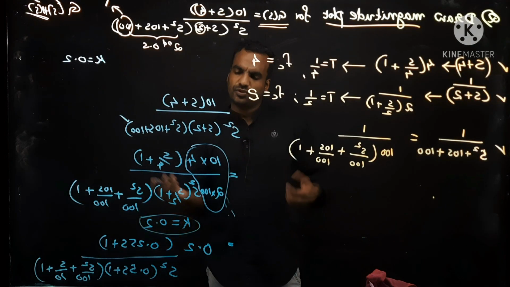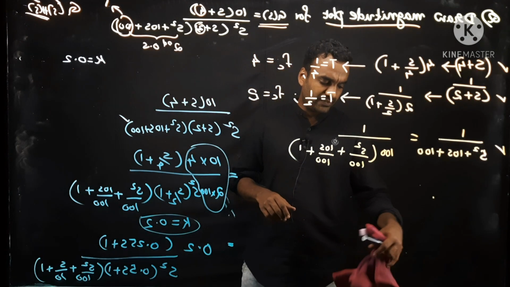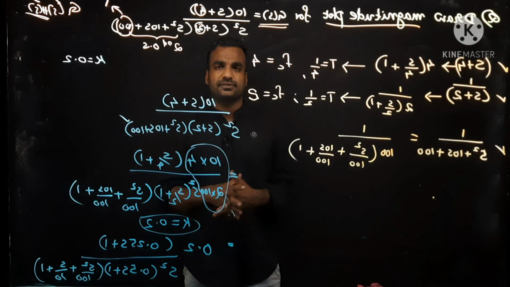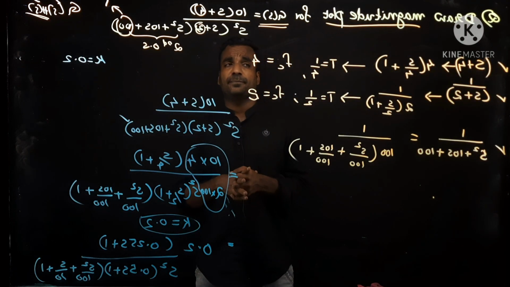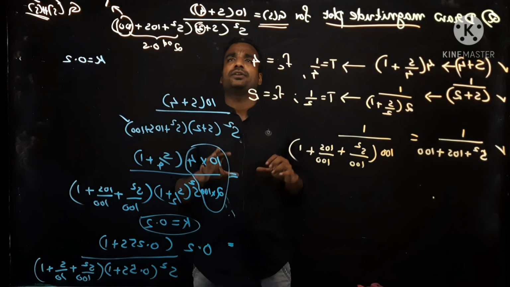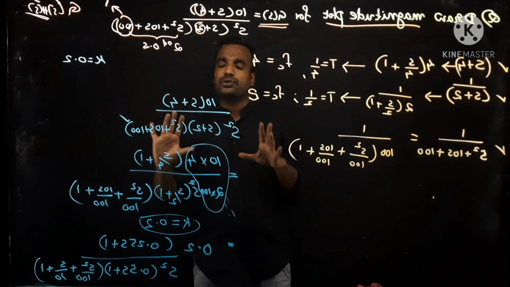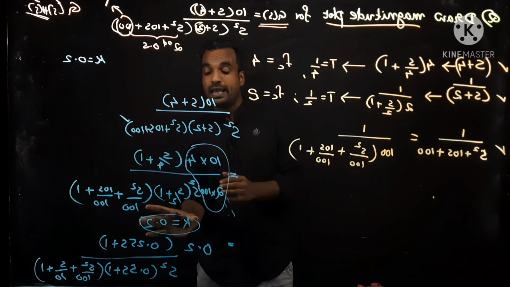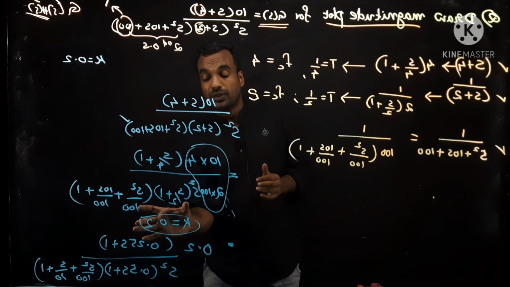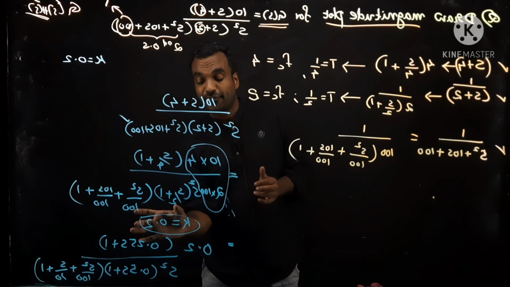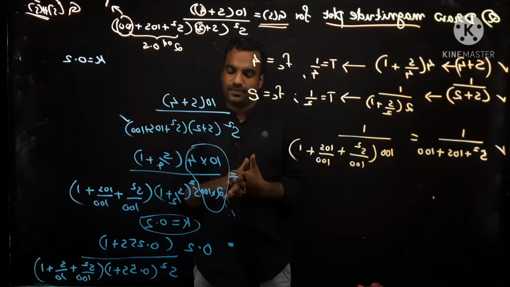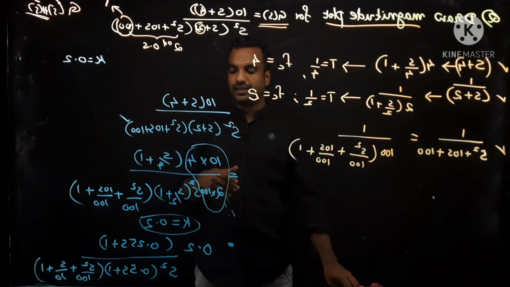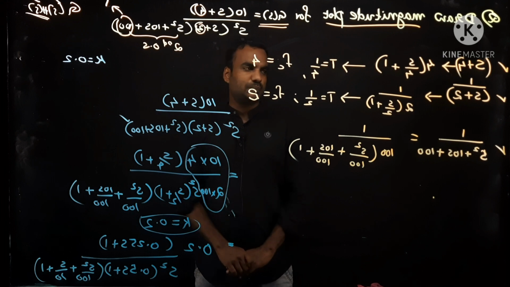So no need of any confusion. It is very easy to rearrange like this. So this should be your first step. If you get a question, you have to check all the poles and zeros, rearrange it to standard form, and get the final k value. So in this problem, the final k value is 0.2.